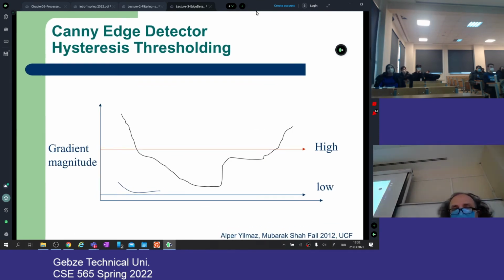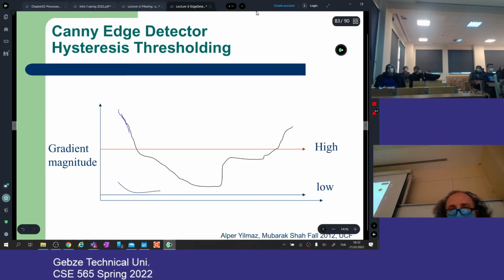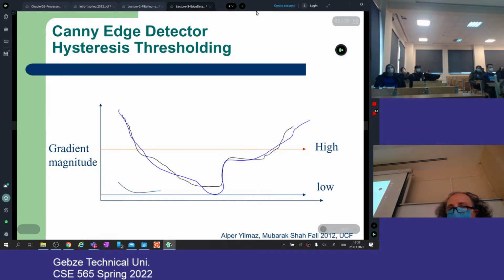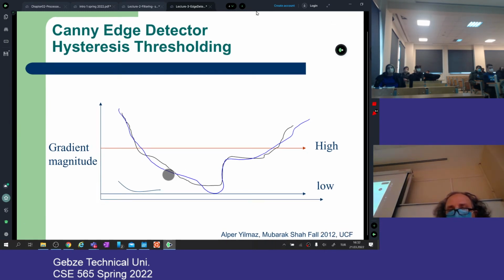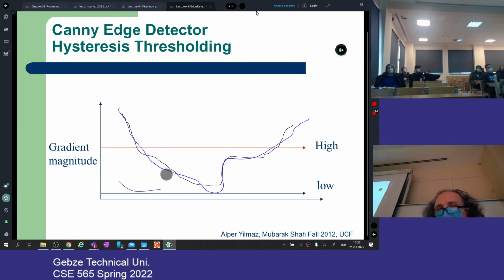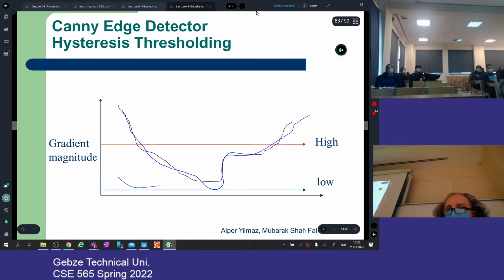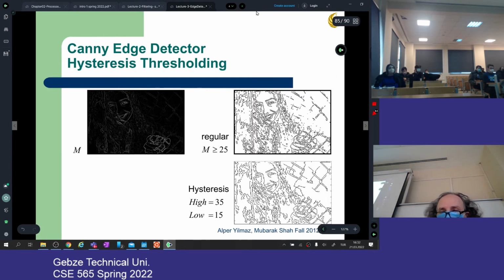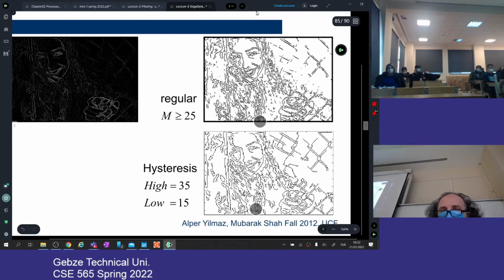I have an edge chain. Below some gradient magnitude, they are very, very weak edge gradient magnitudes, but they are connected to very visible edges. So I will follow this chain, I will make this process, and at the end I get this.